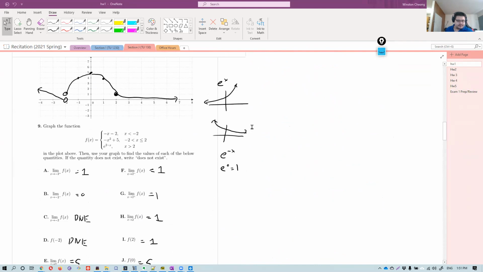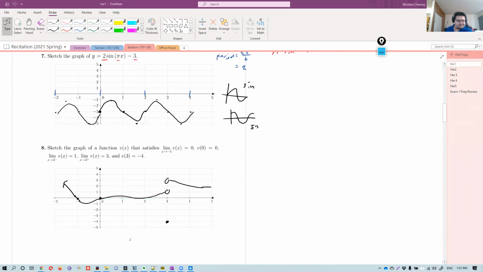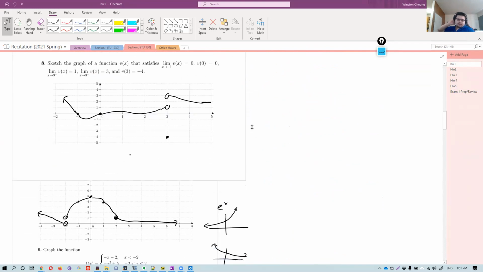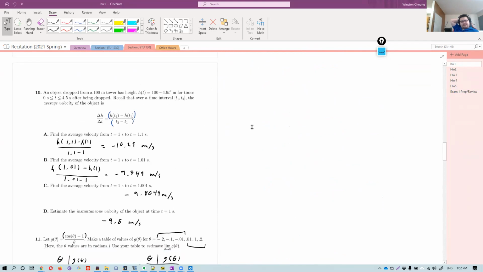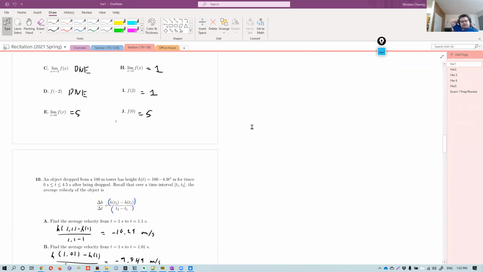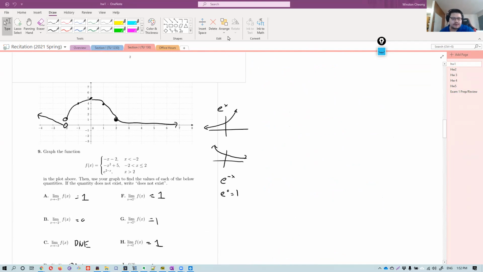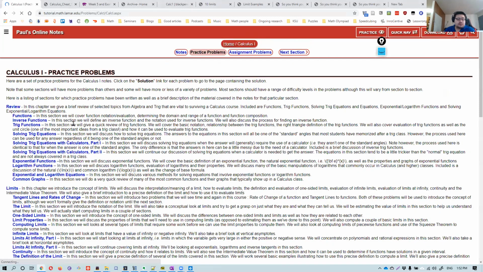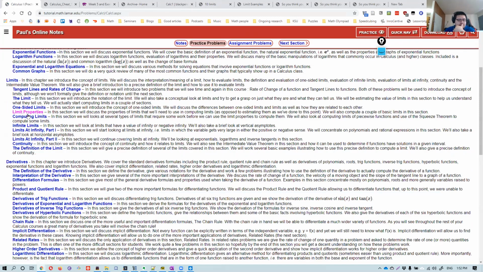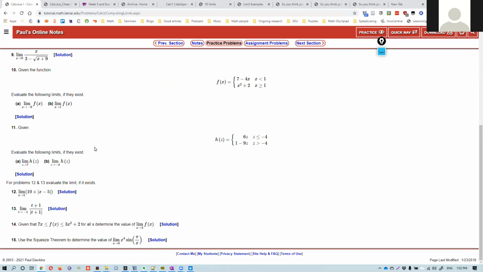I mean, I can re-explain this. I can talk through limit laws as well. Let's see if I can find an example calculation or something like that. One-sided limits. Does it give me graphs?